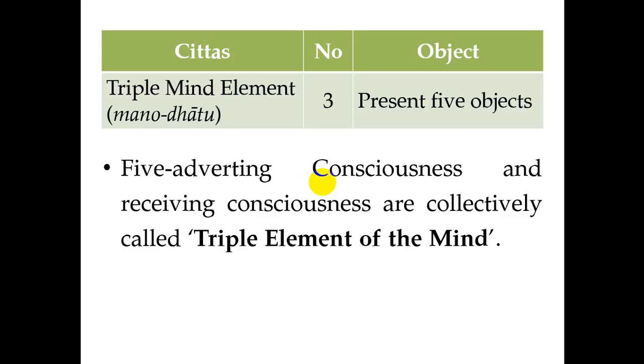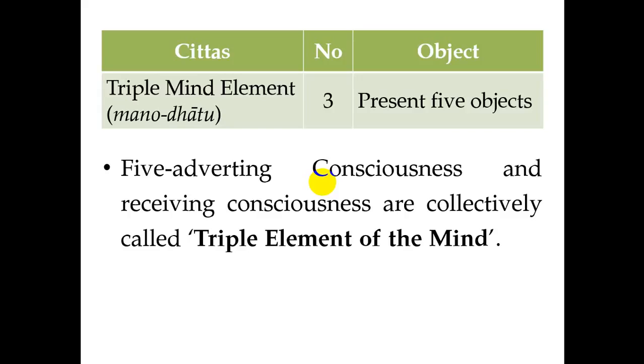That citta opens the door. Then we have two types of receiving consciousness. You receive what you see, you receive what you hear, right? So five door advancing consciousness and two types of receiving consciousness, these three are called mind element.